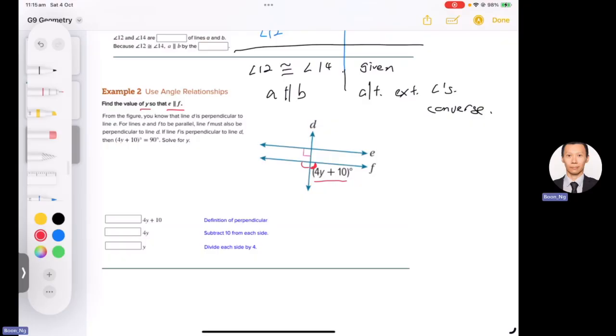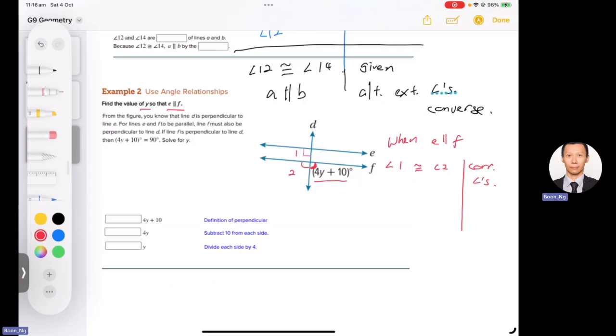You know what, I would do the other way. When L is parallel to F, angle 1 and angle 2 will be congruent. Reason, corresponding angles.